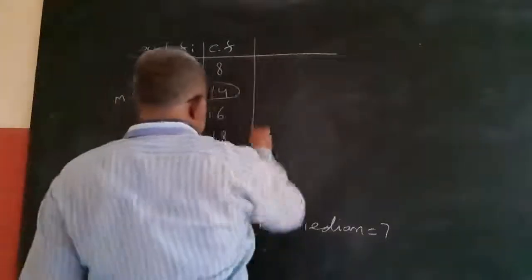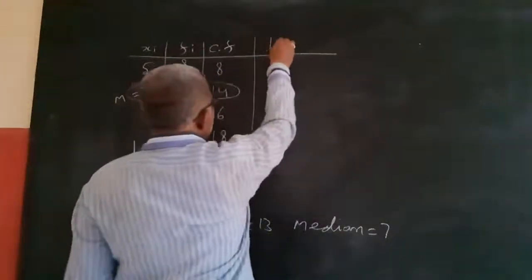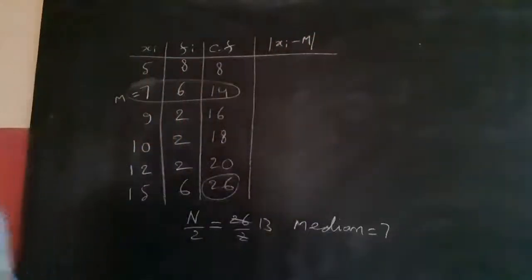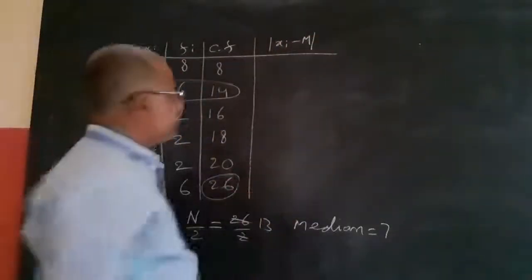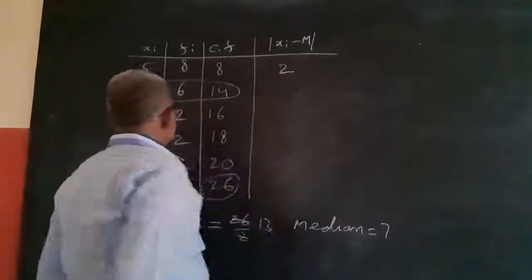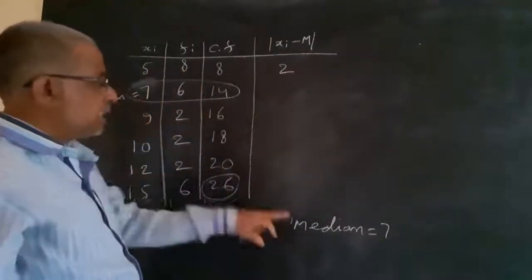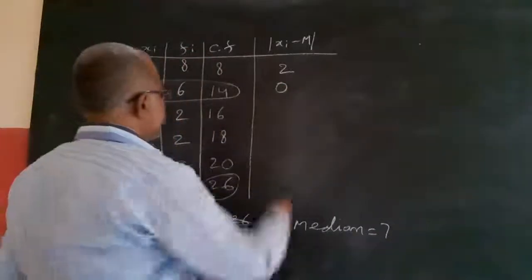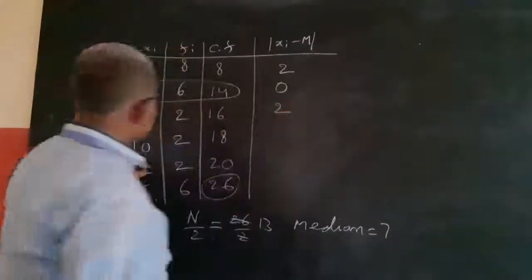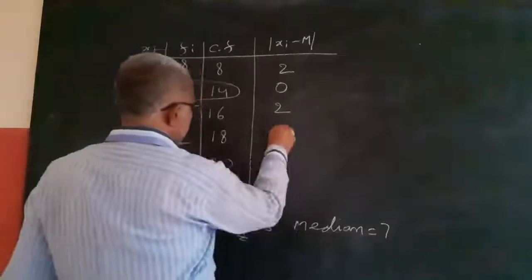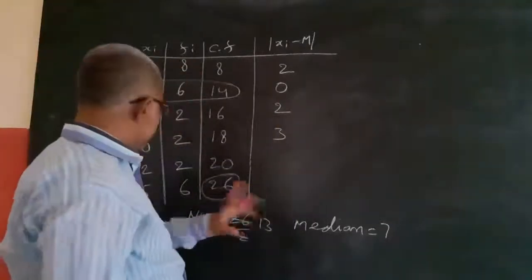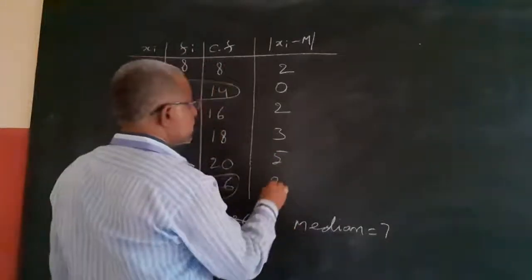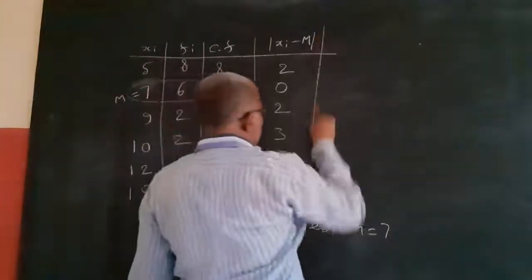Now I need modulus of xi minus m. Xi minus m means 5 minus 7, 2, modulus of, that's why I am taking plus 2. 7 minus 7 is 0. 9 minus 7 is 2. 10 minus 7 is 3. 12 minus 7 is 5. 15 minus 7 is 8.